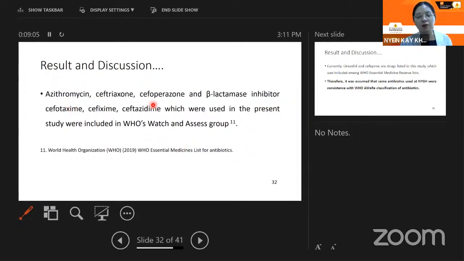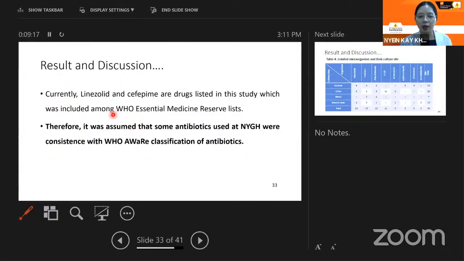Azithromycin, ceftriaxone, cefoperazone and beta-lactam inhibitor, cefotaxime, and cefixime, which were used in the present study, were included in the WHO Watch and Access groups. Linezolid and cefepime, listed in this study, were included among the WHO Essential Medicine reserve list. Therefore, it was assumed that the antibiotics used at New Yangon General Hospital were consistent with the WHO AWaRe classification of antibiotics.